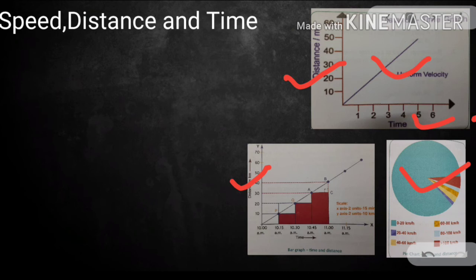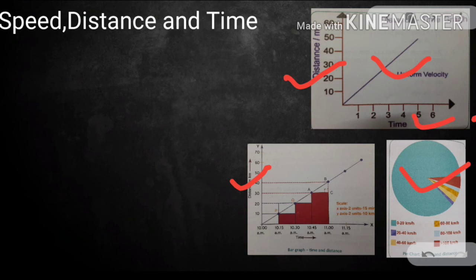Now we have already understood about uniform and non-uniform motion in grade 6. A body is said to be in uniform motion if it covers equal distance in equal intervals of time, and a body is said to be in non-uniform motion when it travels unequal distance in equal intervals of time.